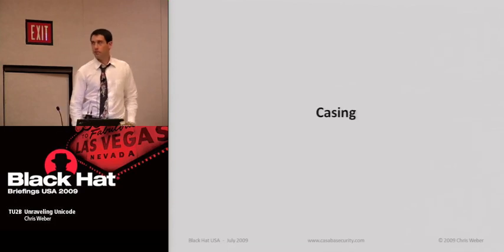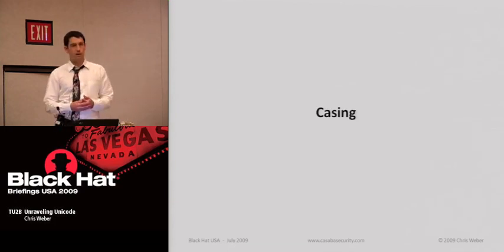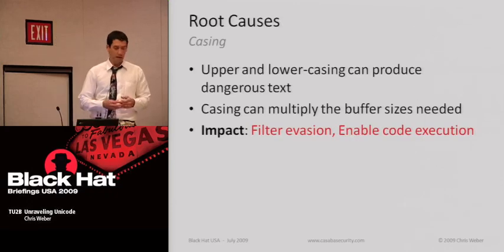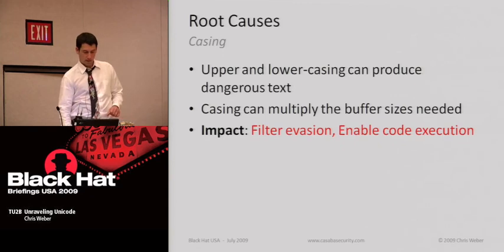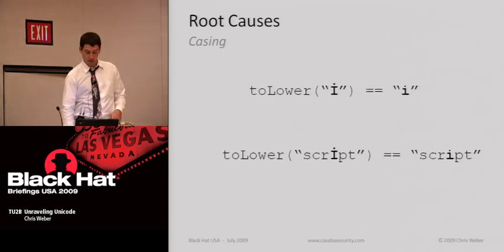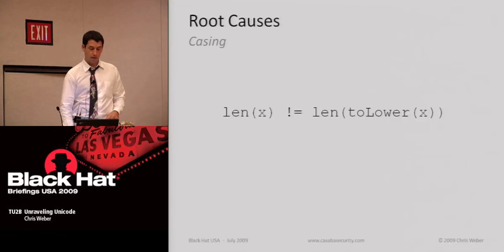So then there's a class of attacks around casing operations. And when I say casing, I mean upper and lower casing operations. And the kind of issues you get here are more web application specific XSS attacks, and you also get buffer attacks. So here's a case where that character, a lowercase, becomes an I. Here's another case where the length of X does not necessarily equal the length of X when it's lowercased.